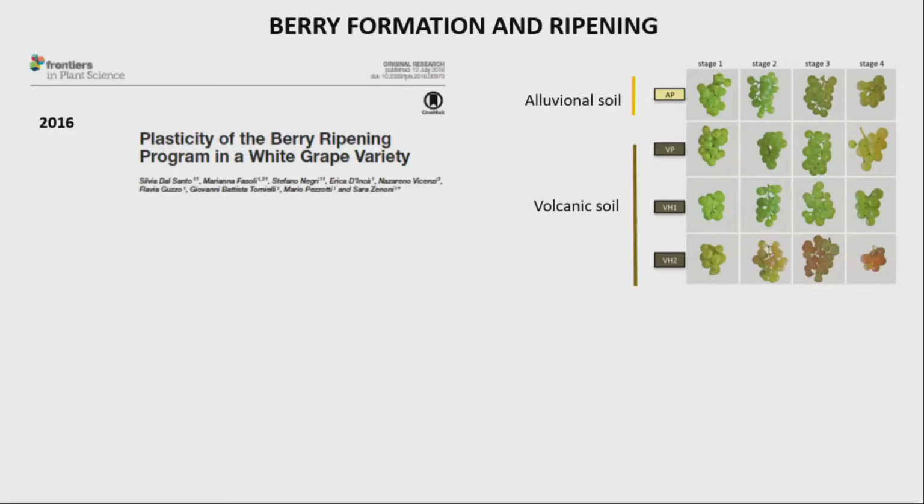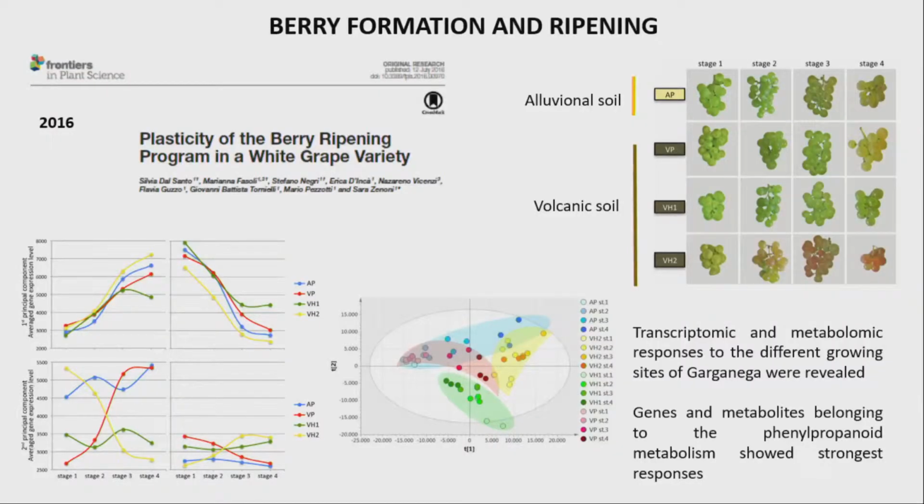Another work performed recently in our lab was about the white variety Garganega, another local variety of Verona province, and again the question was how the expression of genes involved in ripening of this variety can be affected by differences in the growing condition, but also in the soil.